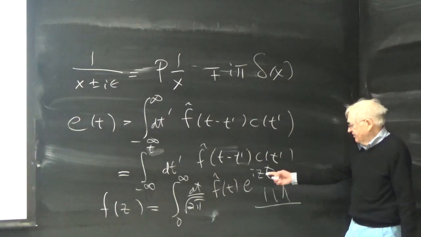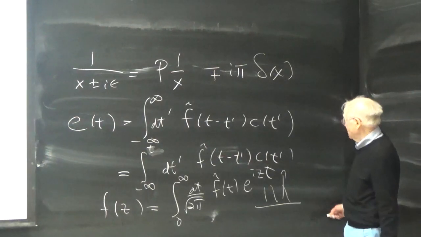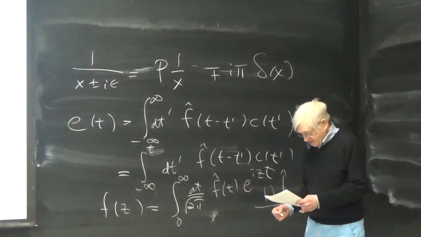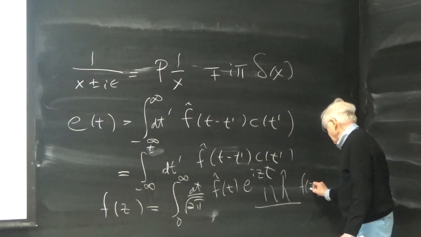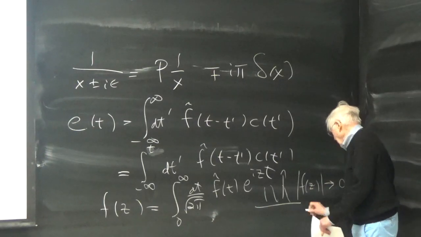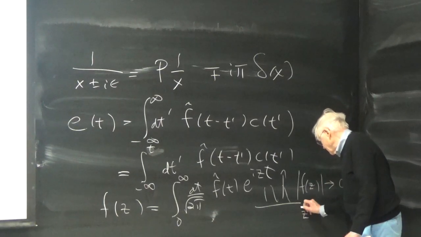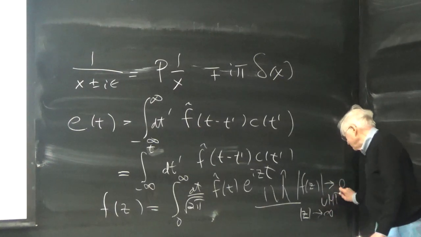In any event, f of z is analytic. And we also, though, will assume that the absolute value of f of z goes to 0 as z goes to infinity in the upper half plane.